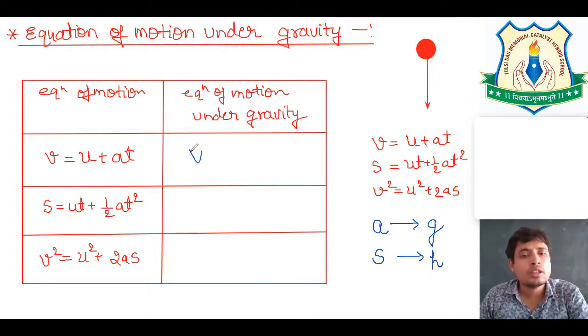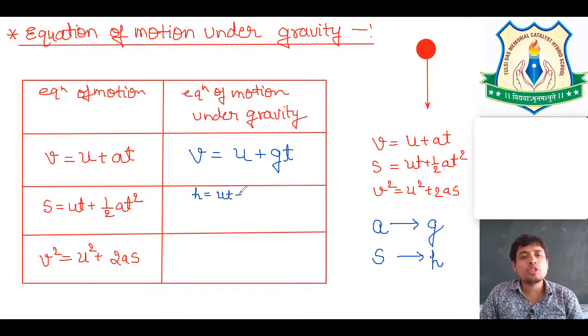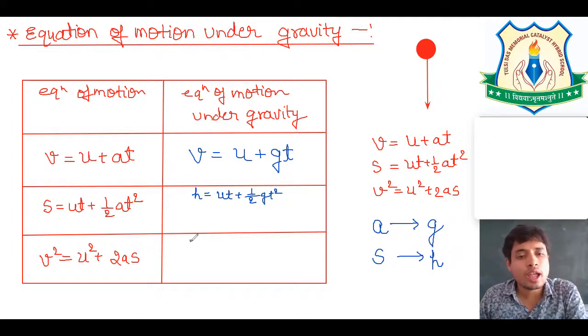Then the relations will change: v equal to u plus gt, h equal to ut plus half gt square, and v square is equal to u square plus 2gh.